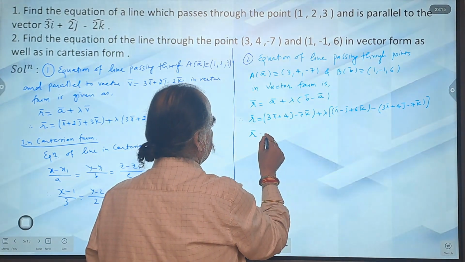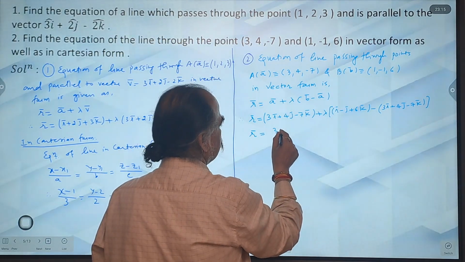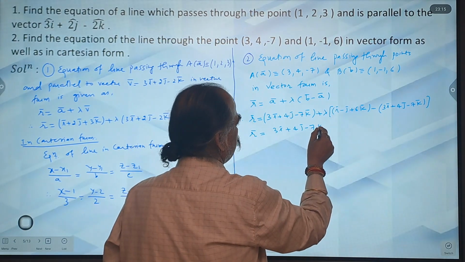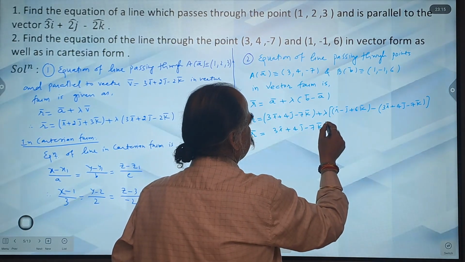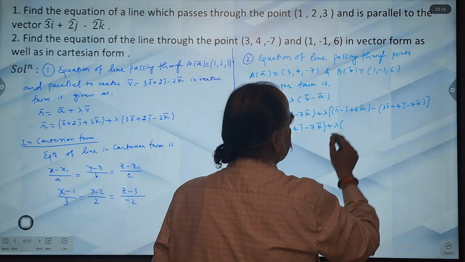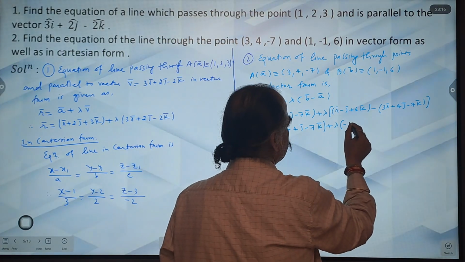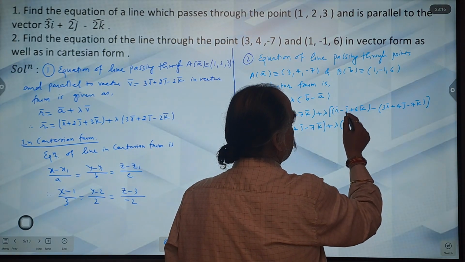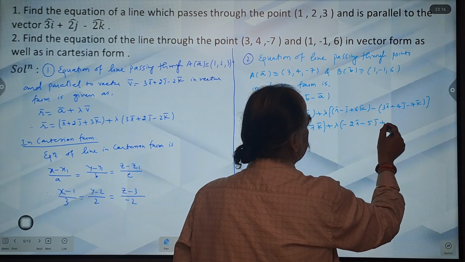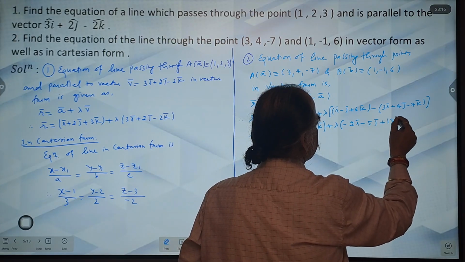So R bar is 3i plus 4j minus 7k plus lambda into i minus 3i, which is minus 2i, minus j minus 4j, which is minus 5j, plus 13k.